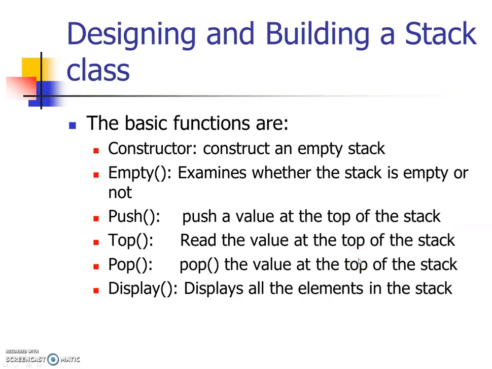By mapping this concept into our ADT, abstract data type, these are the functions we need to implement. First of all, the constructor: you need to create a space, no matter what kind of implementation. In fact, we will talk about 3 different kinds of implementations here, starting with the array implementation. For array, you need to construct an empty stack.